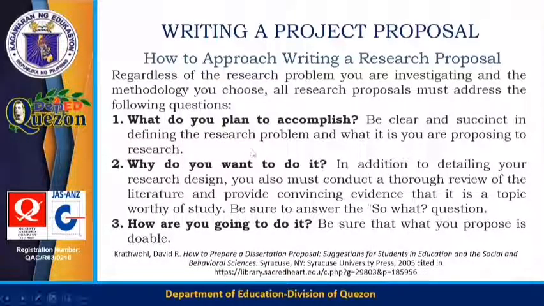And therefore, there is also a need for us to examine the different aspects of our proposal, because if our plan or the tasks included in the plan cannot be done by the researchers, then it's better that we modify these particular aspects of your proposal.